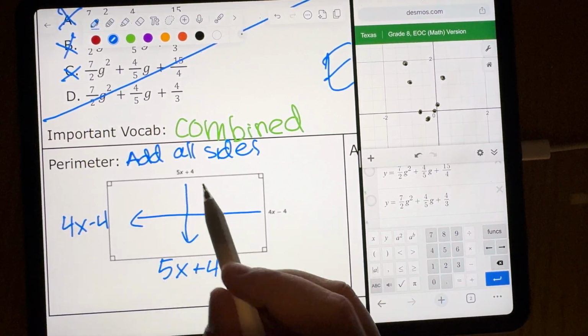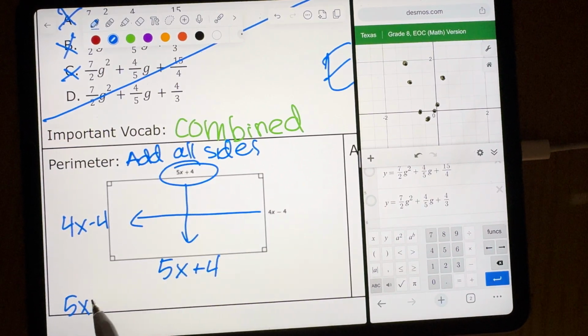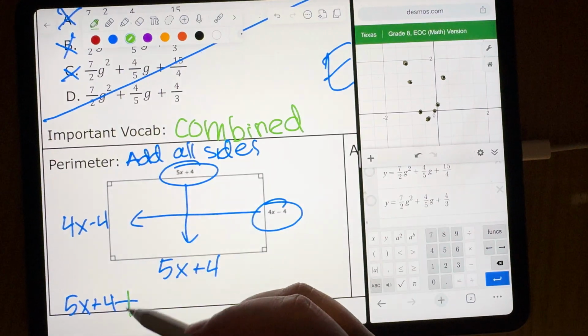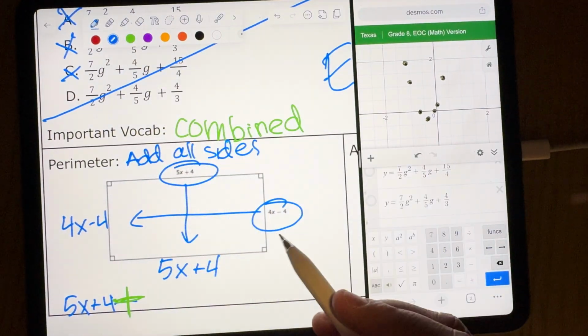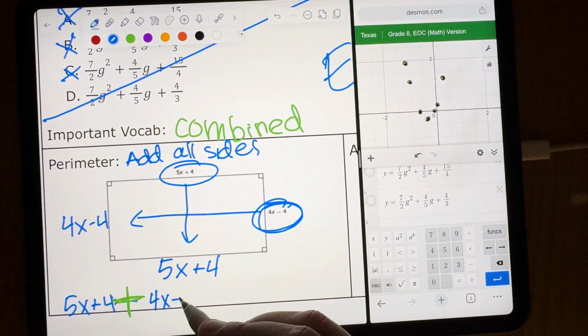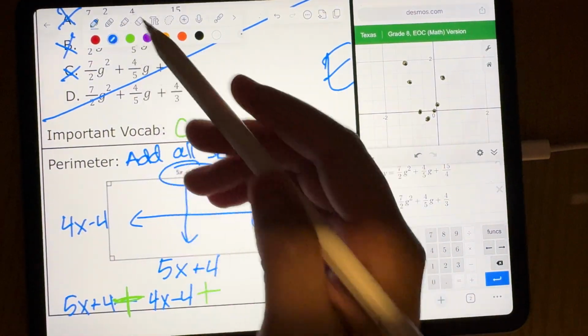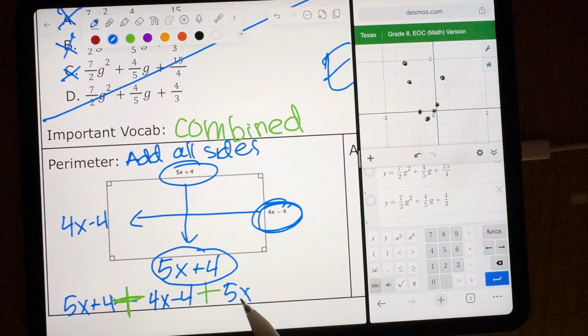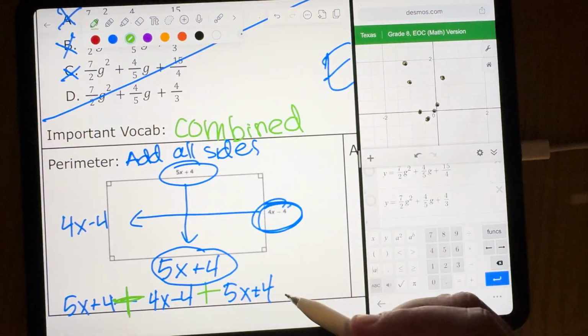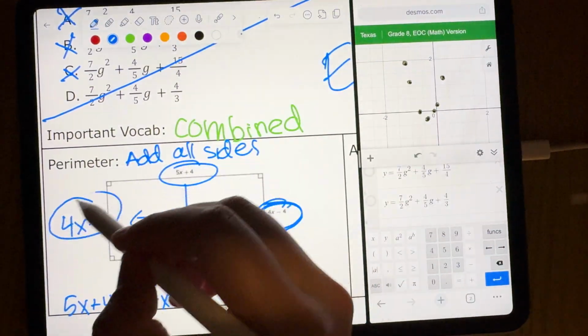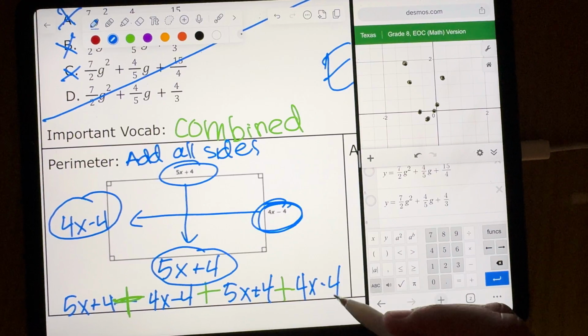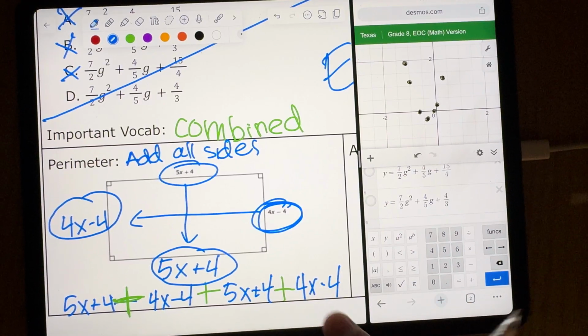So when you add them all, you want to start with one side. 5x plus 4 plus 4x minus 4 plus my next one, 5x plus 4 plus my last side, 4x minus 4. And then you could put this in Desmos and put your answer choices.